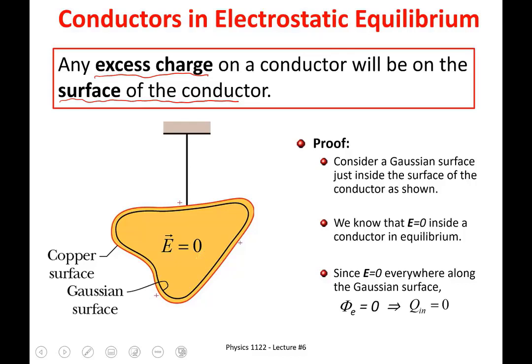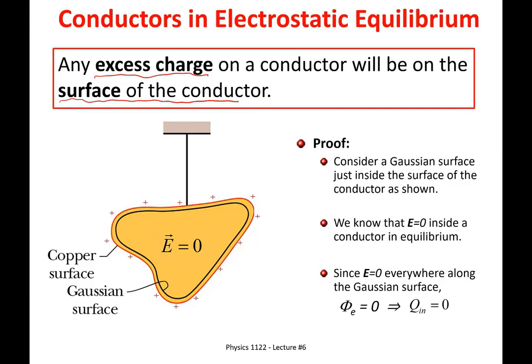If we try to put a little charge in the middle of the conductor, it will disperse towards the outer surface, and a little more, it does the same. What we find is that any excess charge placed on the conductor is going to move towards the surface of the conductor.